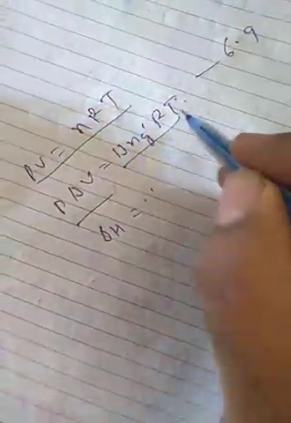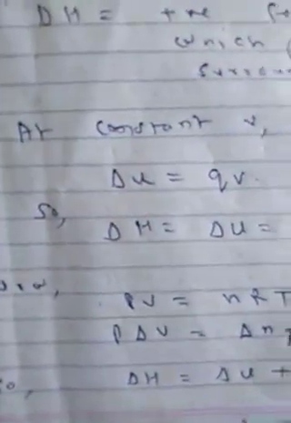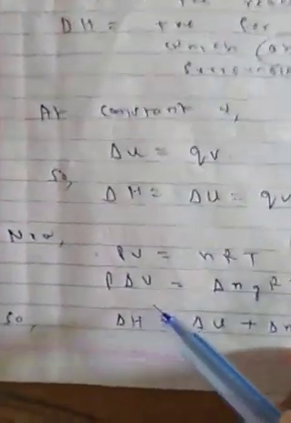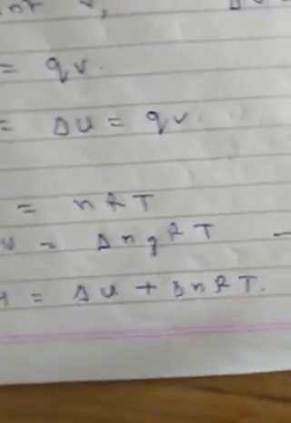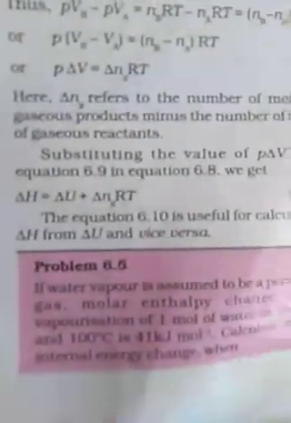Now instead of P delta V we can write, by putting this value in the equation, delta H is equal to delta U plus delta nRT. This equation is 6.10.